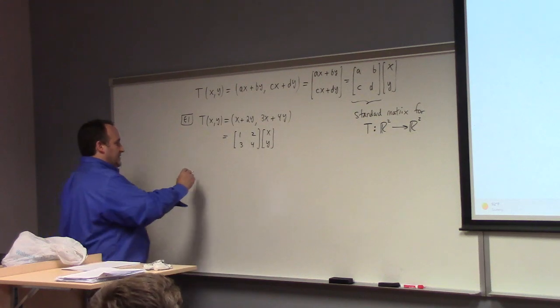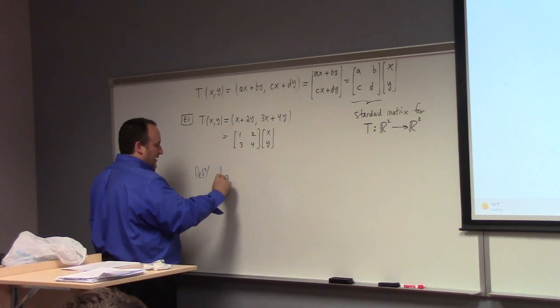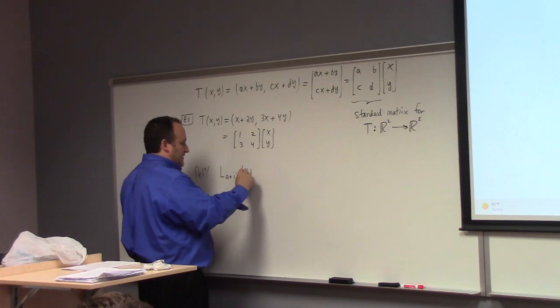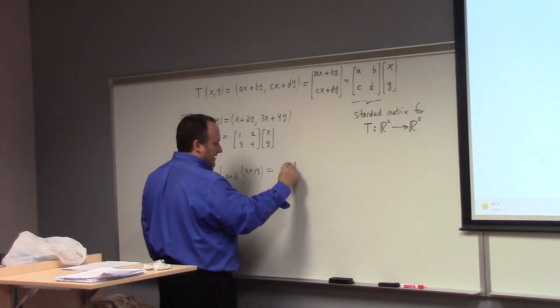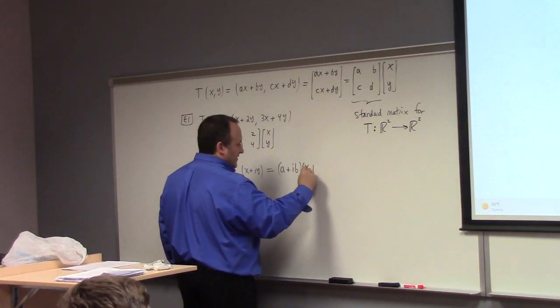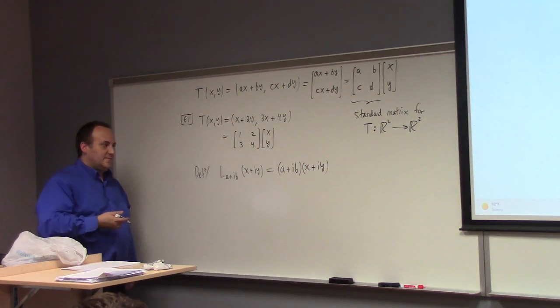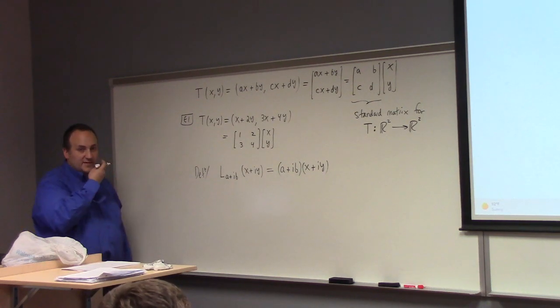All right, so definition: multiplication by a plus ib, if that acts on x plus iy, that is by definition (a plus ib) times (x plus iy). So this is left multiplication by the complex number a plus ib. This defines a mapping on the complex plane, or R2.